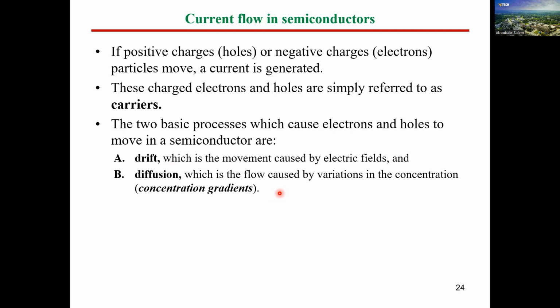Gradient for any variable, guys, is different than time change or rate of change. Gradient is change versus x, but rate of change is change versus t. So gradient is d by dx, and rate of change is d by dt.